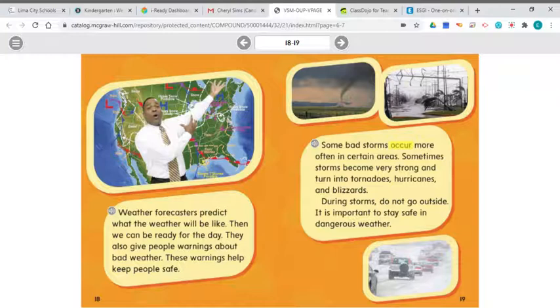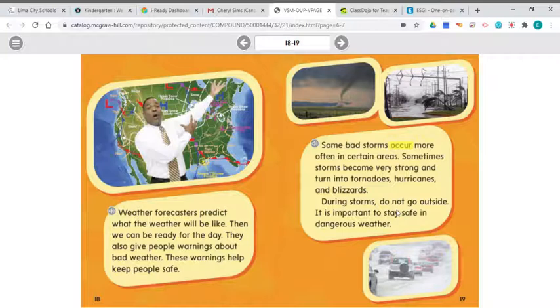So I'm going to guess that a blizzard means a really strong snowstorm. It also mentions tornadoes, so I can look up here at that picture, and hurricanes. These pictures really help me understand what these bad storms might be like.